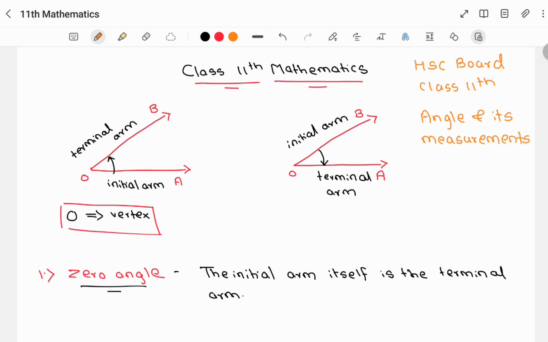Okay, so what do we have in this angle and its measurements chapter? Let's have a look. Starting with an angle. For an angle, what we require is two arms or rays with a common vertex point.